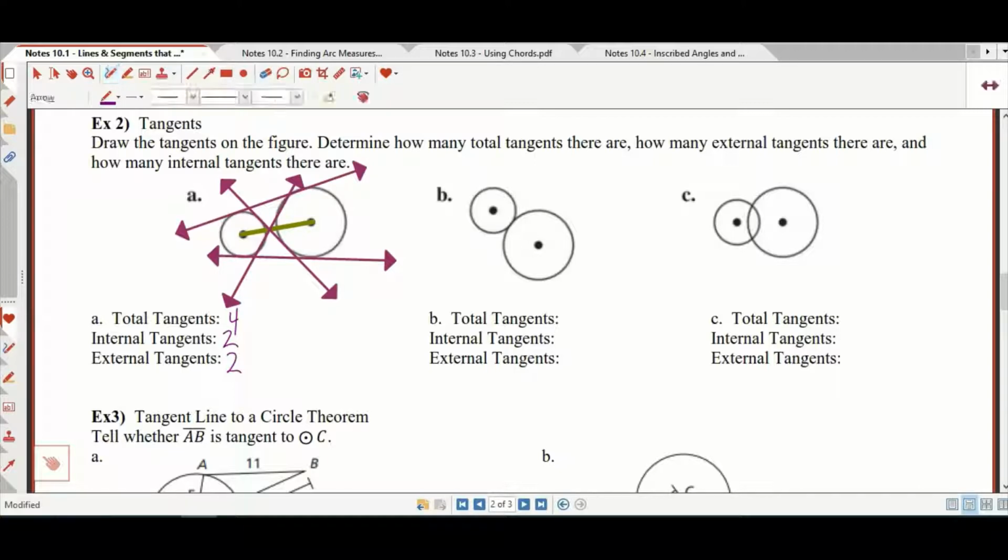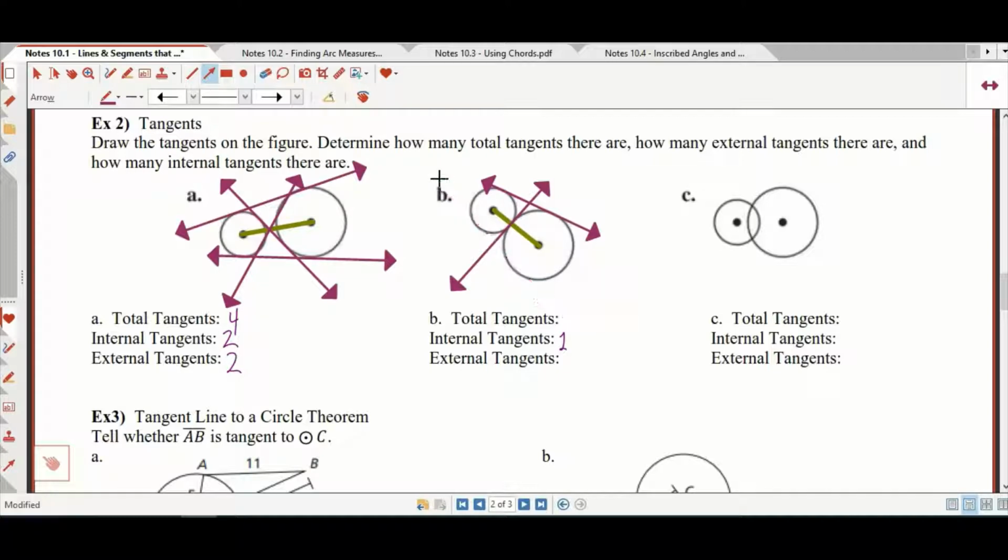Okay, let's look here. So internal tangents, well, if you connect these with a segment like this, these circles intersect at exactly 1 point, which means there's only one internal tangent. As for external tangents, there you go. There's one of them there. And you can probably see the other one here.